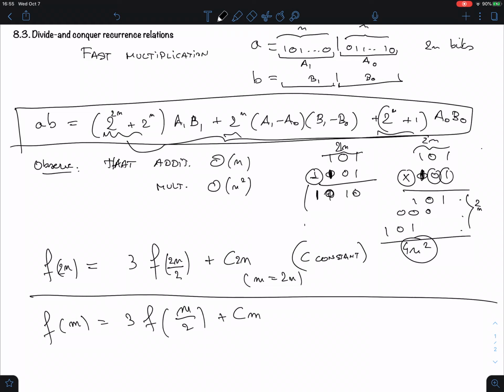Although I explained it last time, when we calculate complexities, if we divide by 2, we assume that the size is a power of 2. If you divide by 3, then we assume that the size is a power of 3, so that keeping dividing by 3 will always give us a whole number. That's just for simplicity.